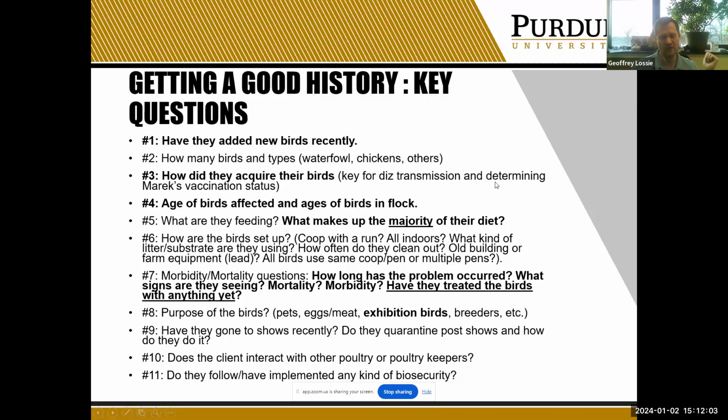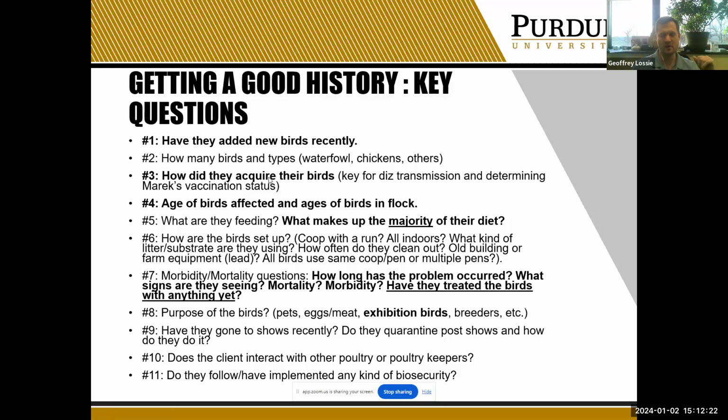It's also extremely important in determining Marek's vaccination status. Marek's disease is by far the most common disease that I encounter working with folks that have small flocks or backyard poultry.